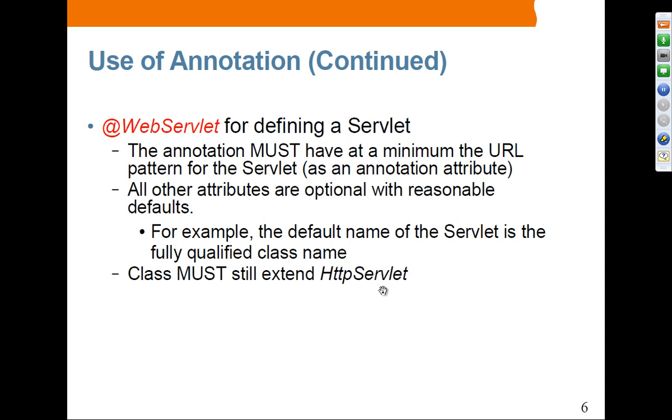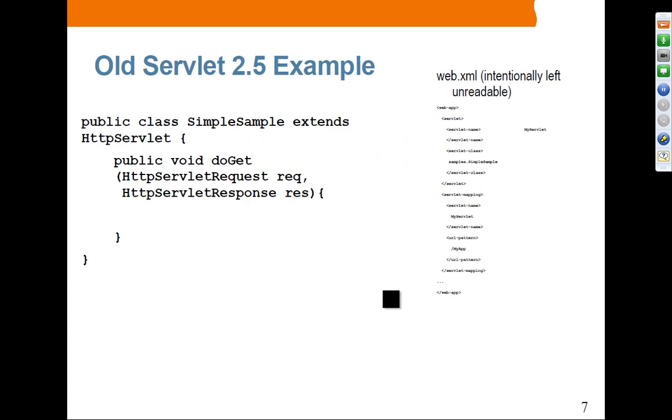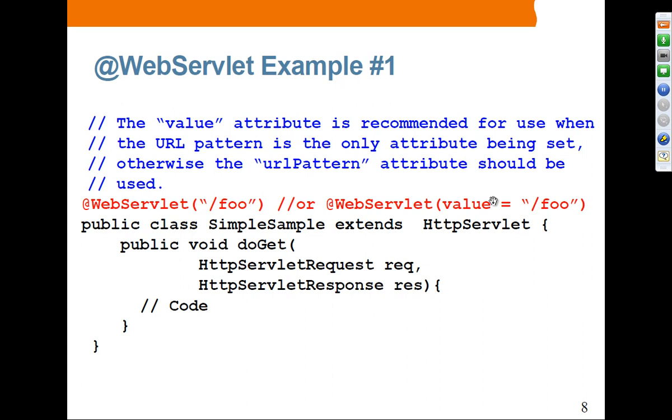Okay, so let's see an example of this. This is the old Servlet 2.5 example. In that case, you have to have a servlet, then in the web.xml file, you have to configure the servlet, right? Now in Servlet 3.0, you don't have to have a web.xml file configuration. Instead, this is all you have to do using annotation. In this case, I'm using the WebServlet annotation.